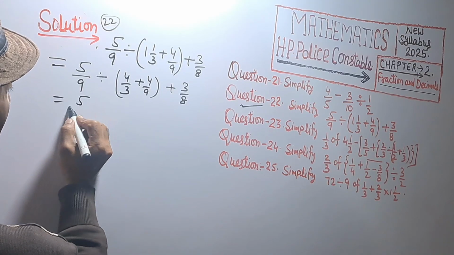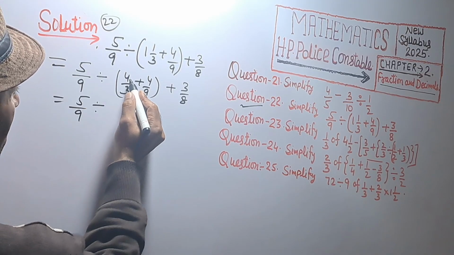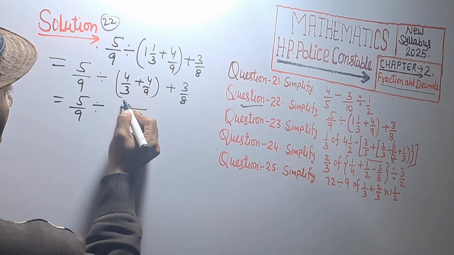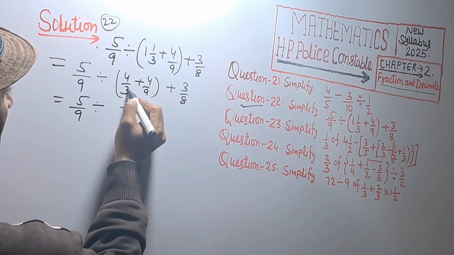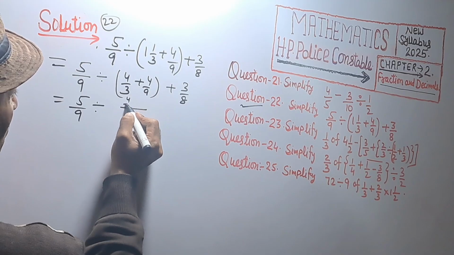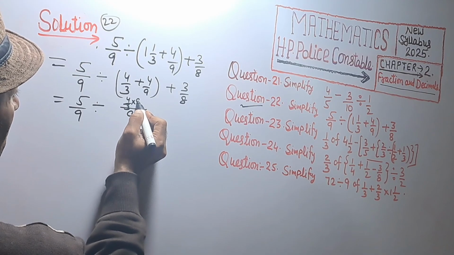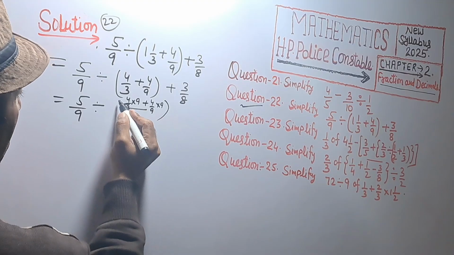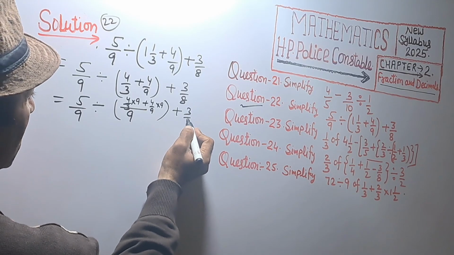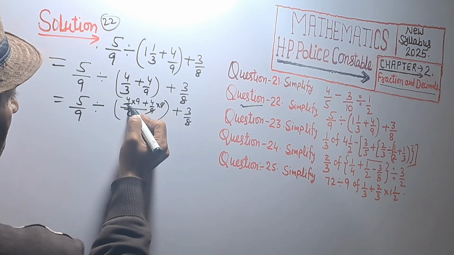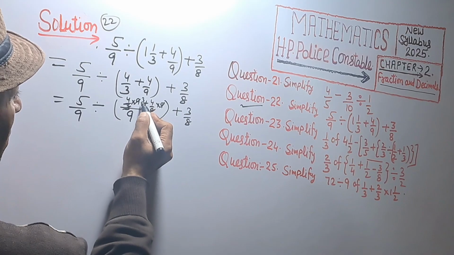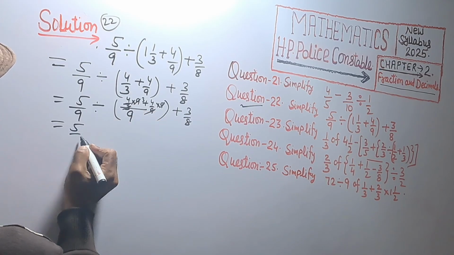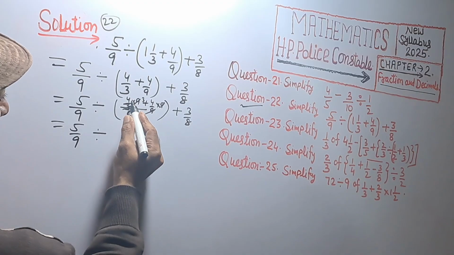So 5/9 divided by, the LCM is 9, and 9 divided by 3 is 3, so 4 into 3, plus 4/9, 9 into 1, plus 3/8 as it is. 9 and 9 are cancelled, and 5/9 divide sign.